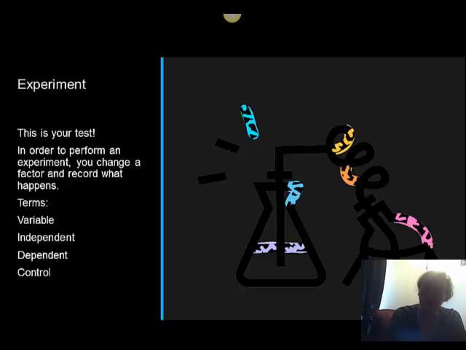Your dependent variable, also known as your responding variable, this is the factor that you're going to observe. In other words, you're going to see what happens. Your control would be the factors that you don't do anything to. You make sure they stay the same throughout the experiment.